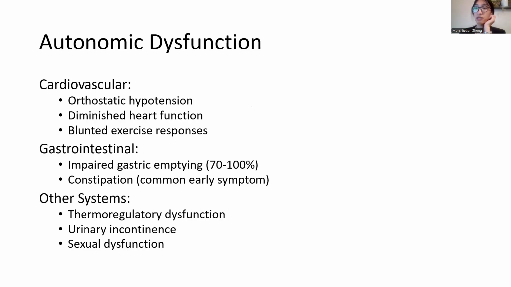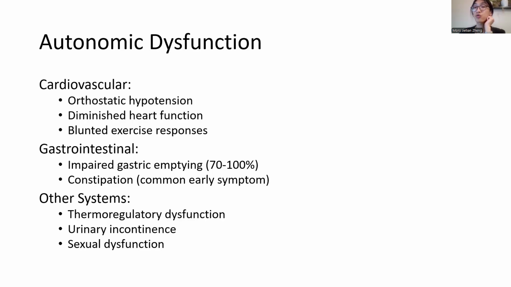Early and progressive sympathetic denervation of the heart occurs in most patients, resulting in diminished heart function and contributing to the fatigue that patients commonly experience. During exercise, people with Parkinson's show blunted cardiovascular responses, with lower heart rates, oxygen uptake, and blood pressure responses compared to healthy peers.